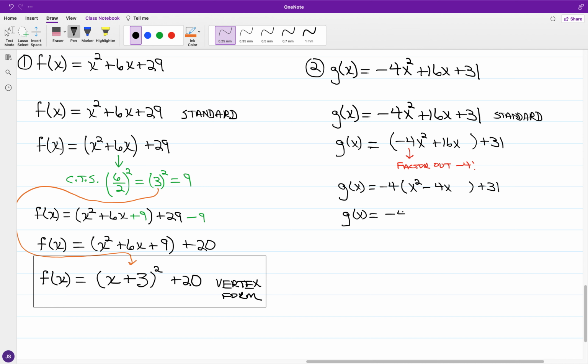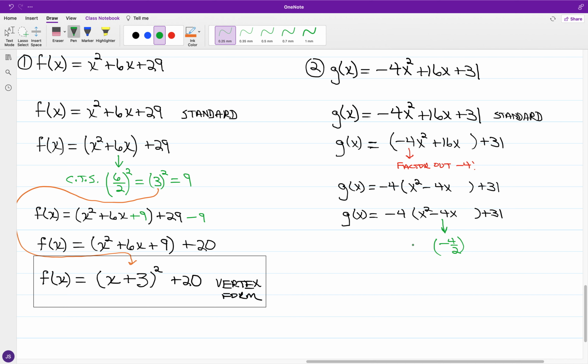Okay, and so I can set things up in terms of completing the square. So I got negative 4 times the quantity of x squared minus 4x. For the completion of the square, the first term in the parentheses is x squared. Taking the coefficient next to the first order x, I have the number negative 4.